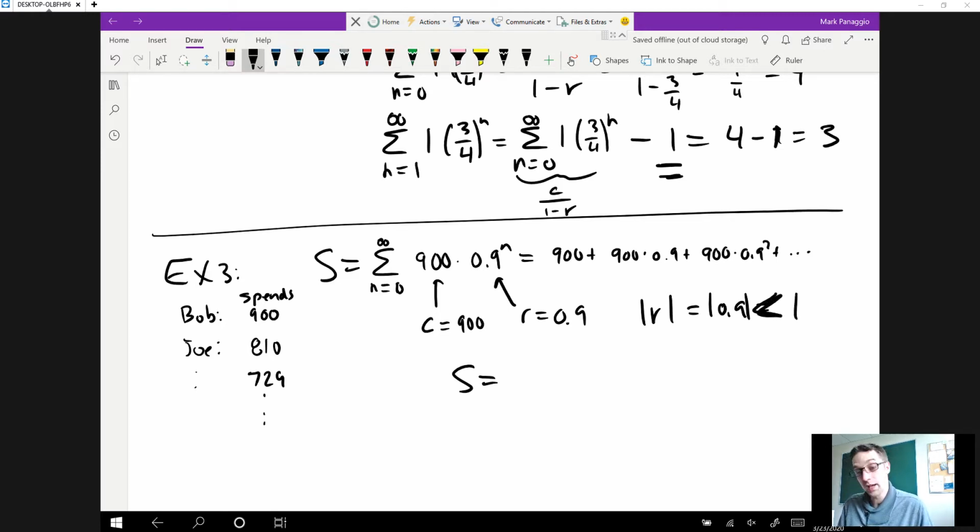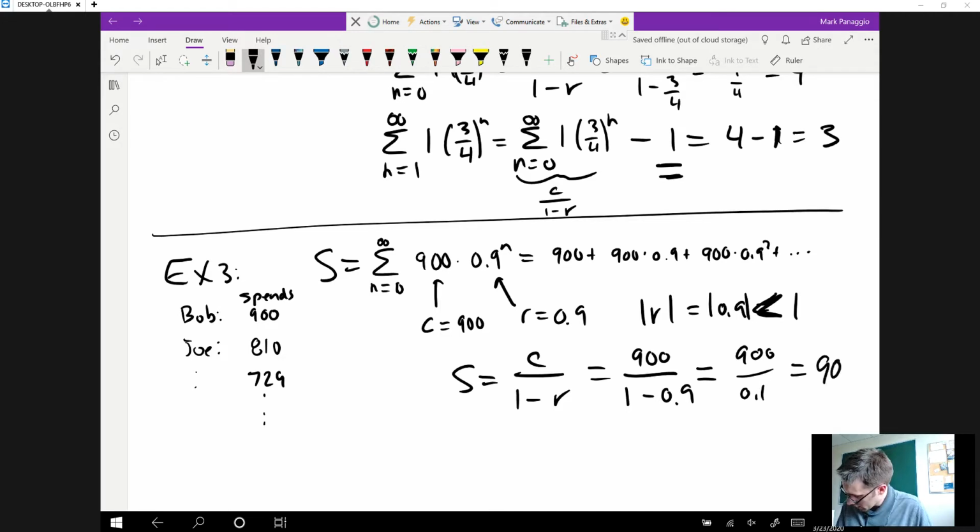So this is going to be a convergent geometric series. And the formula for what it converges to is c over 1 minus r. So 900 over 1 minus 0.9, which means we have 900 over 0.1, or 9,000.